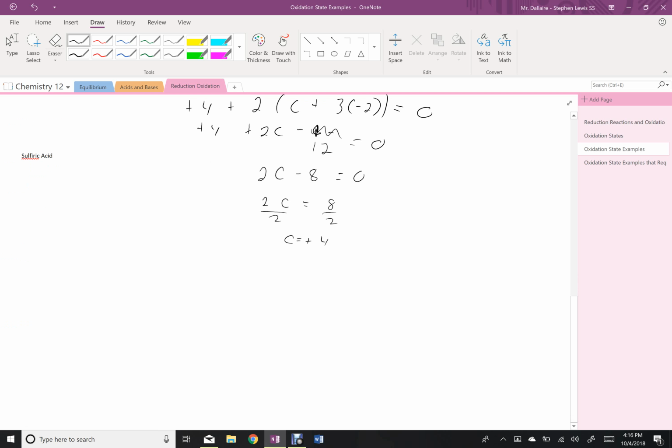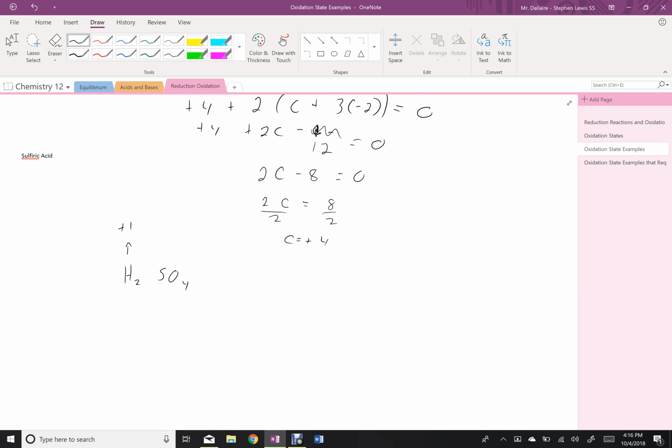Sulfuric acid, H2SO4. H, I don't think I mentioned in the previous video, but H is always plus 1. Actually, H can be plus or minus 1, depending on what it's bonding with, but typically here it's with a polyatomic, so it's going to have donated that electron to the polyatomic, so it would be plus 1.